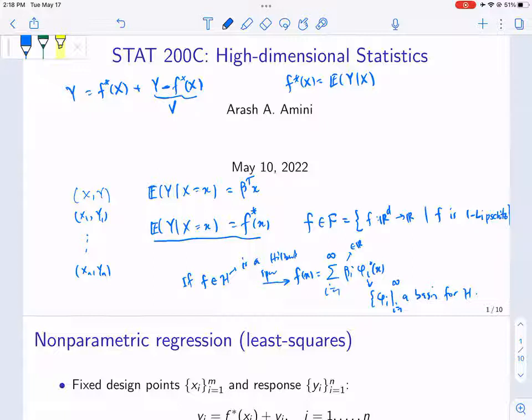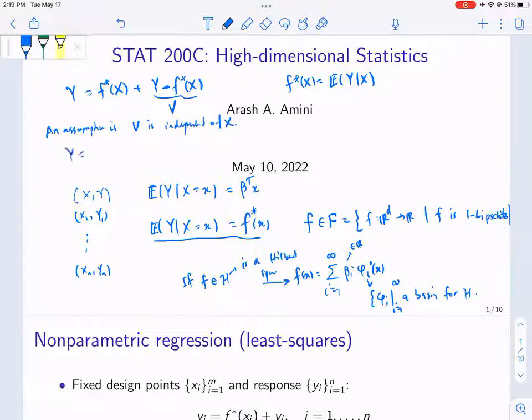The thing is, this is in general dependent on x itself. In the traditional literature, usually what you'd see is that you'd assume that the noise is independent of x. So an assumption is that v is independent of x.